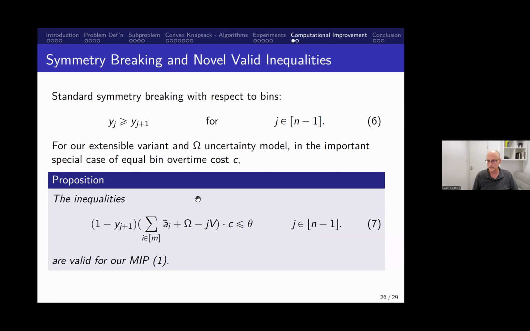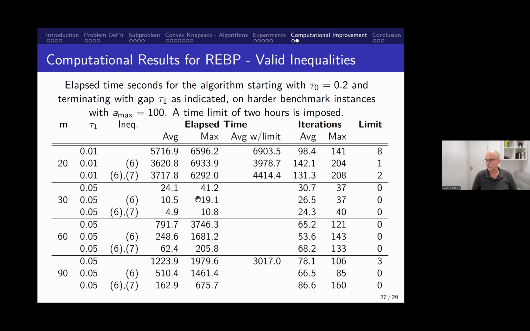When we consider these in our computational experiments, you can see that the results are much better, especially if you look at the ones that we solve closer to optimality within 1%, and in terms of the time limit being reached, much fewer cases it takes place.